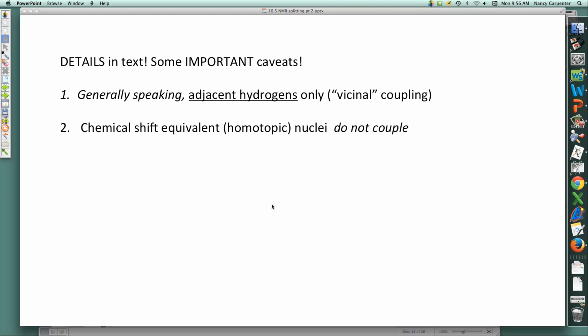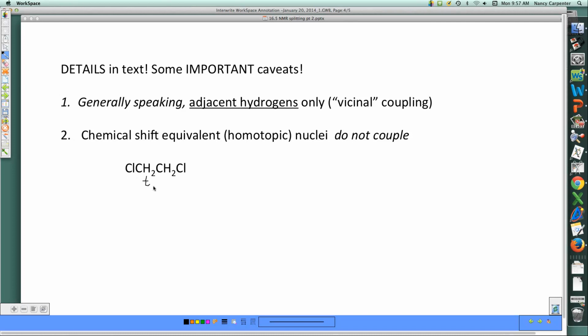One really weird aspect is that if you have chemical shift equivalent nuclei right next door to one another, they don't couple. So for this molecule, 1,2-dichloroethane, you'd look at it and say, well, gee whiz, these hydrogens are obviously next door to 2, therefore I would fully expect this to be a triplet and this to be a triplet.